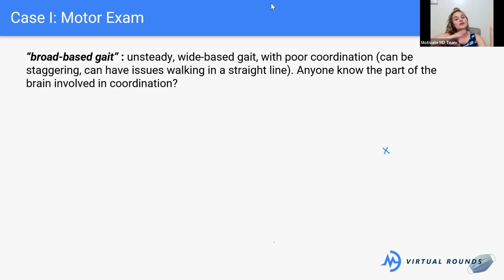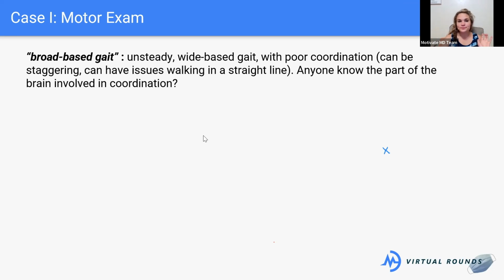And then your cerebellum also receives information about the muscle movements once you're doing them to fine tune coordination and balance. So essentially, all parts of the brain are involved in movement, but really for basic purposes, y'all have probably memorized cerebellum to be coordination.